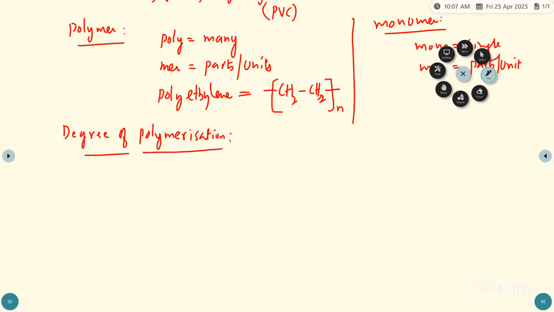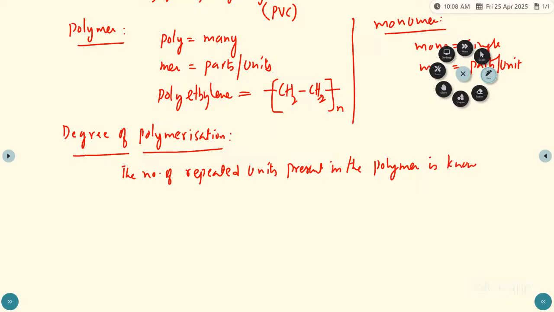What is degree of polymerization? See, degree of polymerization means the number of repeated units present in the polymer is known as degree of polymerization.